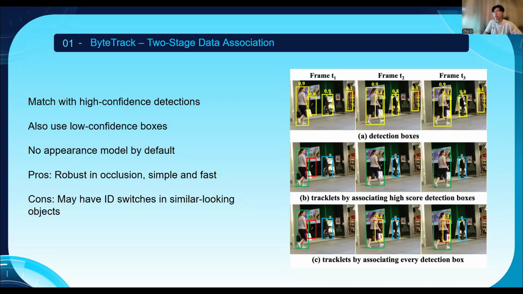This allows ByteTrack to recover from occlusion and handle crowded scenes better. As shown in the diagram, the key innovation is the second matching phase using low confidence boxes. ByteTrack is also faster and simpler than DeepSORT and still achieves very high accuracy.